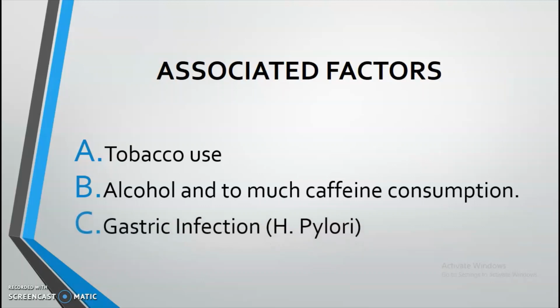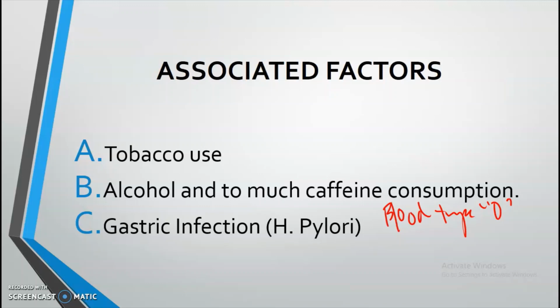And the next one is your gastric infection. Most common is your H. pylori infection or your Helicobacter, which is common sa mga pasyente na may blood type O. Yes, you heard it right. So mga pasyente na may blood type O are actually at risk in developing gastric infection, which may later on lead to the development of peptic ulcer disease.